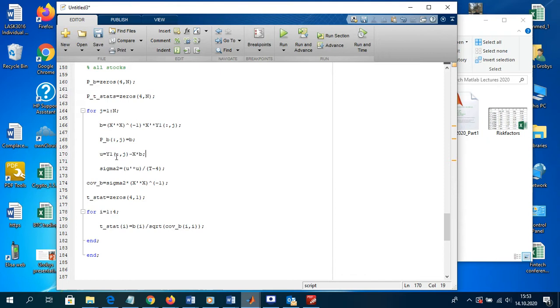This is then defined as U is equal to the excess returns of stock j minus the regressor matrix times the corresponding point estimator beta that we estimated at the beginning of the for loop. And this changes in each iteration, right? The U changes also in each iteration.